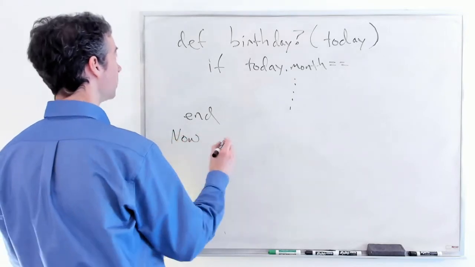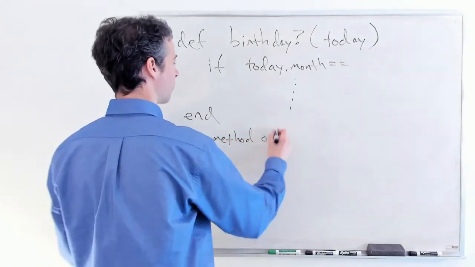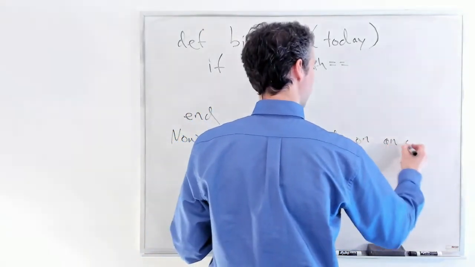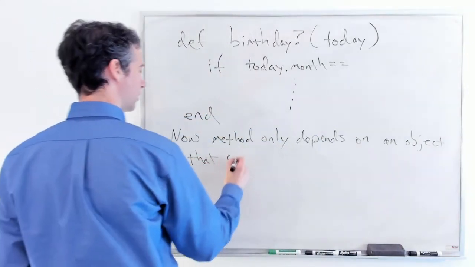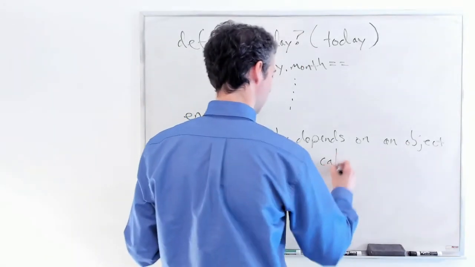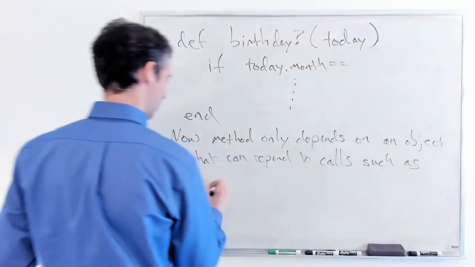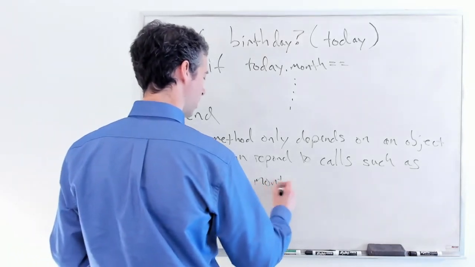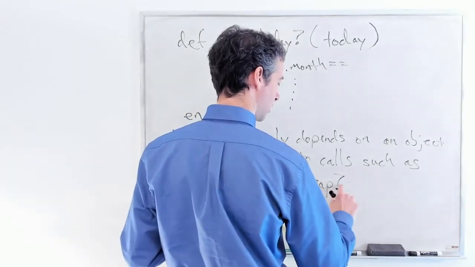Just to put this concretely, now the method only depends on an object that can respond to calls such as, we asked it what was the day, what was the month, and we also asked it whether or not it was a leap year.